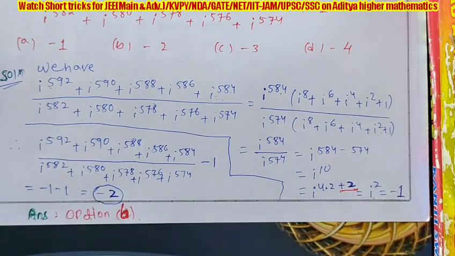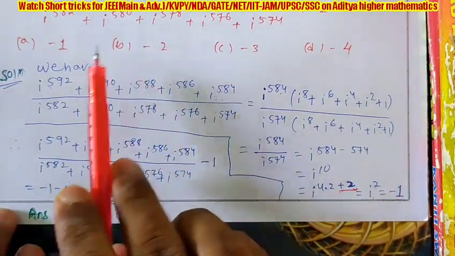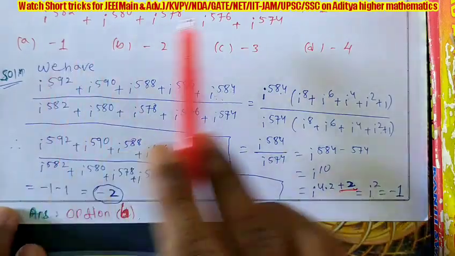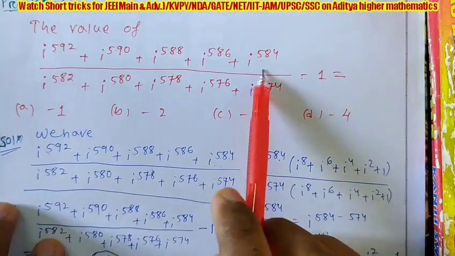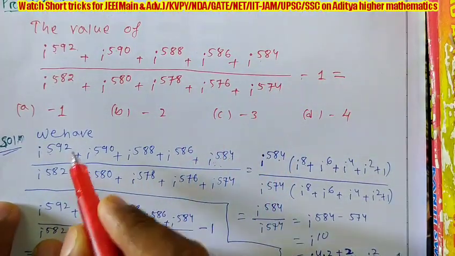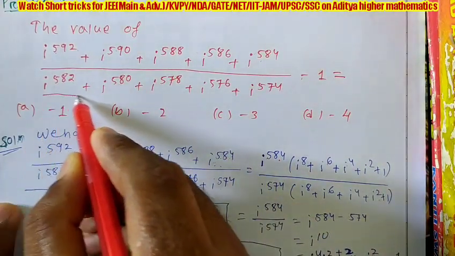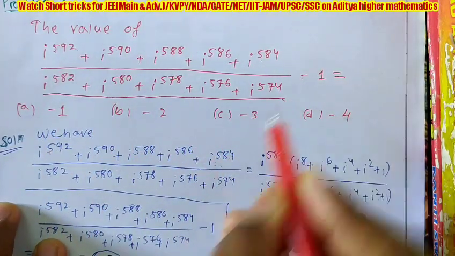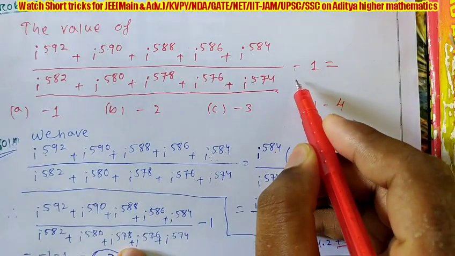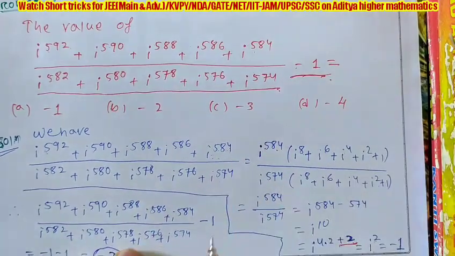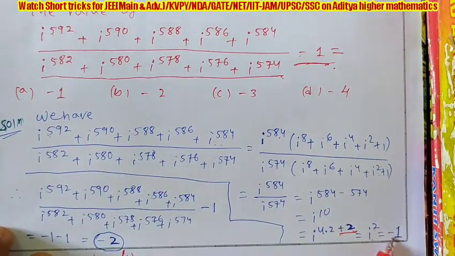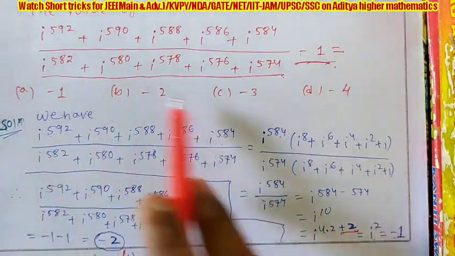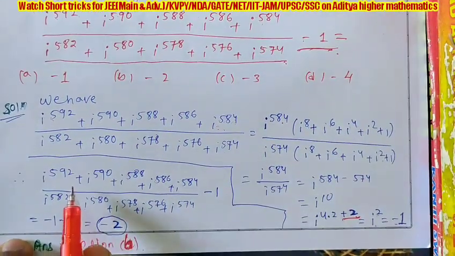And after that you can observe this question, don't think minus 1 is the correct answer. Again minus 1 is there. We got only its value, minus 1, but again minus 1 is there. So don't think minus 1 is the correct answer. To find the answer of this question, you put the minus 1 that is given.